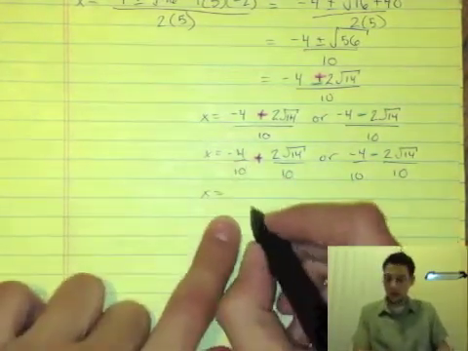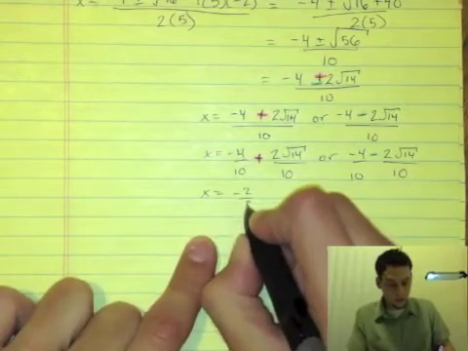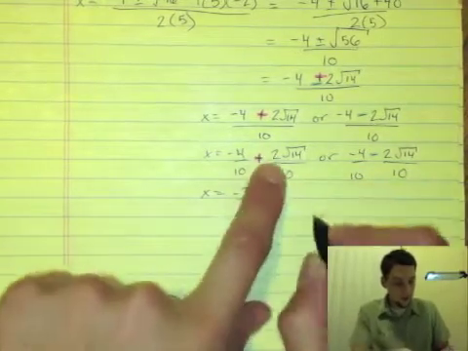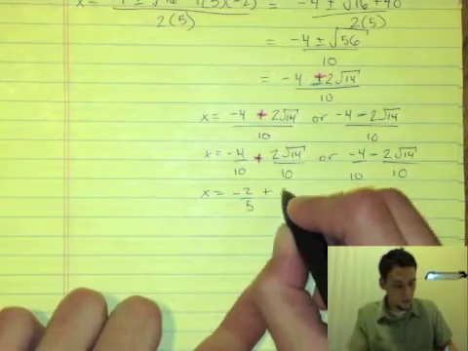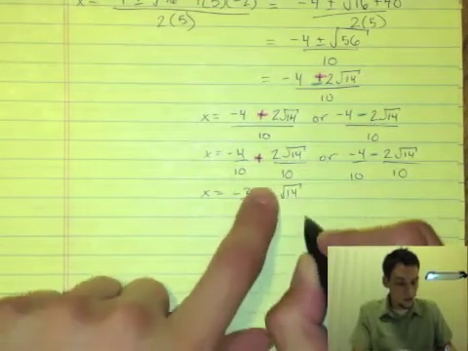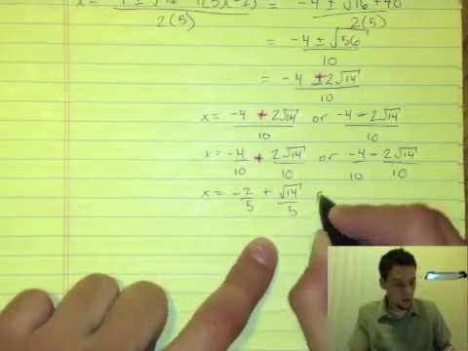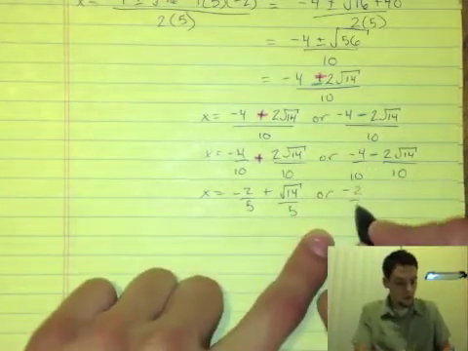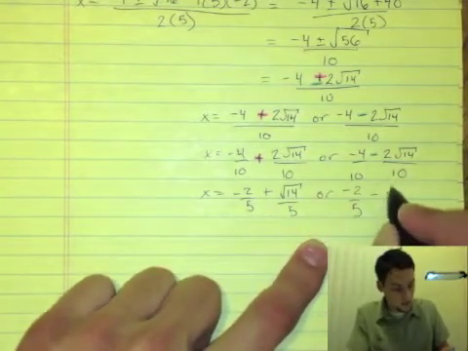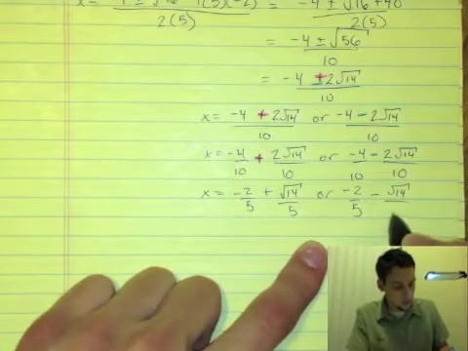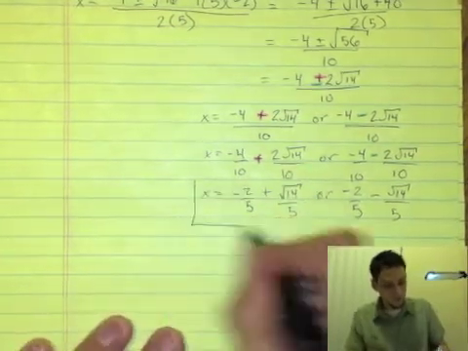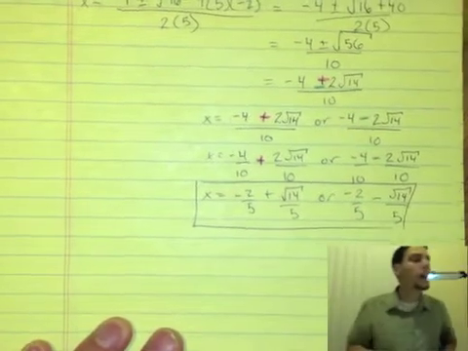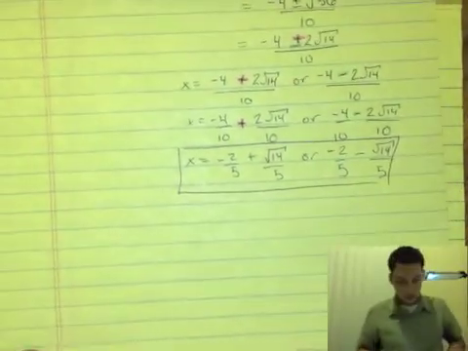Negative 4 over 10 is the same thing as negative 2 over 5, plus 2 over 10 is the same thing as 1 over 5 root 14, or negative 2 over 5 minus root 14 over 5. So we have our two answers. Can you see that?